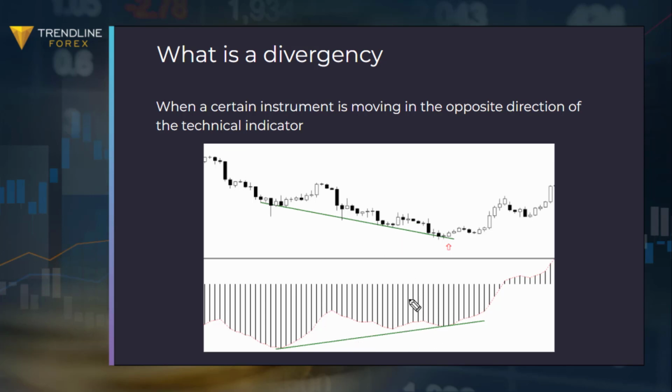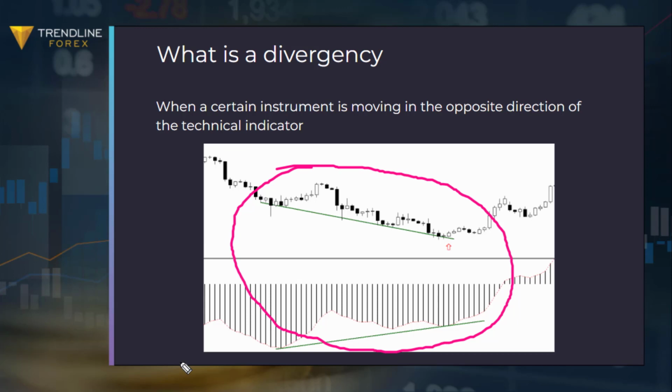But just for example, and so you can easily visualize that, what we've got here is price action moving in a downwards direction, right? Creating lower lows, lower highs every time it pushes down, but at the same time down here on the indicator we see the opposite thing. We've got higher lows, right? And when you spot something like this is what we call divergency.